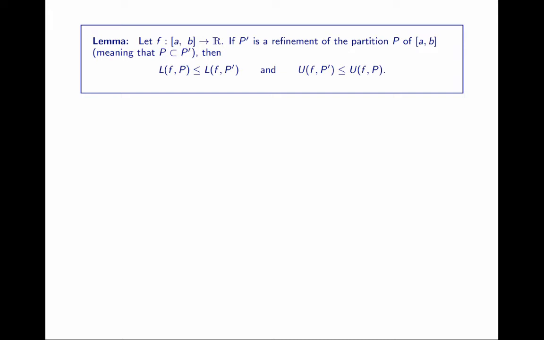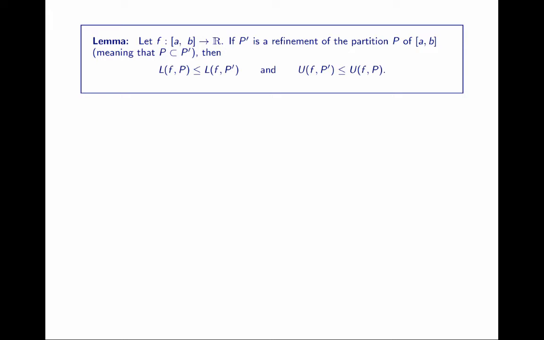And that's a refinement. So if I refine a partition, then I get a greater or equal lower sum, and I get a less or equal upper sum. Now let's think about why that's true.